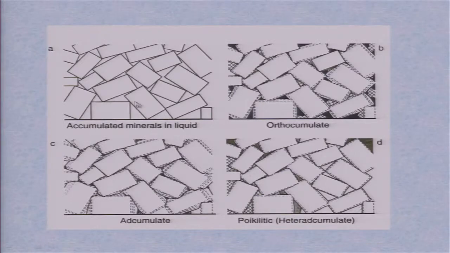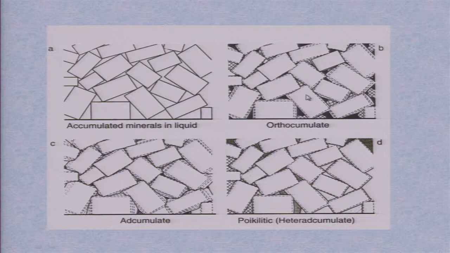Accumulated minerals in liquid. The minerals which are of heavier specific gravity sink down to the bottom of the magma chamber, and they are collected and deposited in the form of a cumulate. This kind of texture is developed here. Here you have cumulates, but in between the cumulates there are minerals of different composition, maybe plagioclase or maybe olivine, but this mineral is pyroxene.